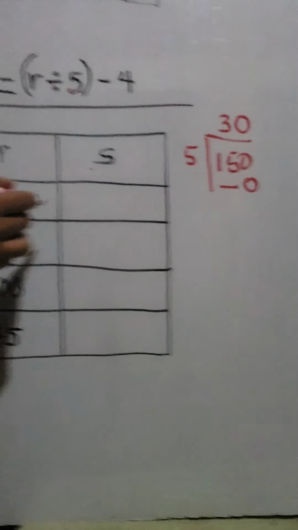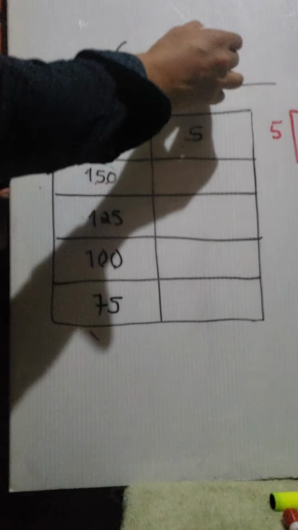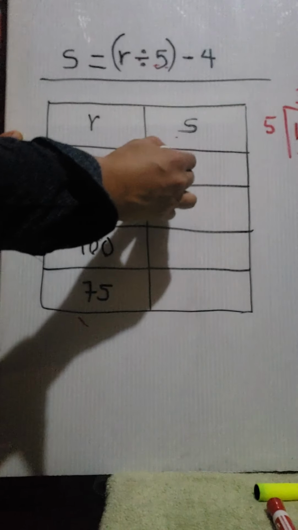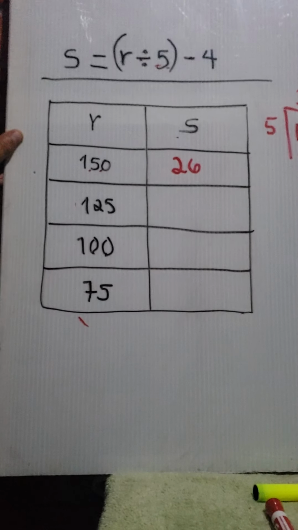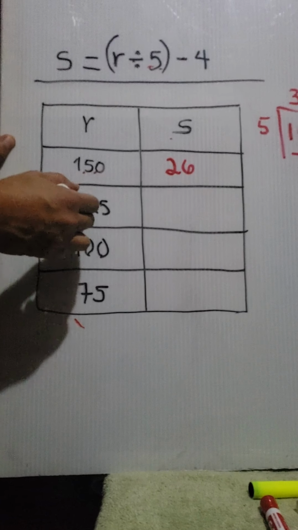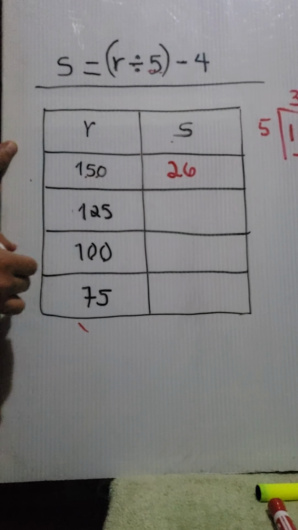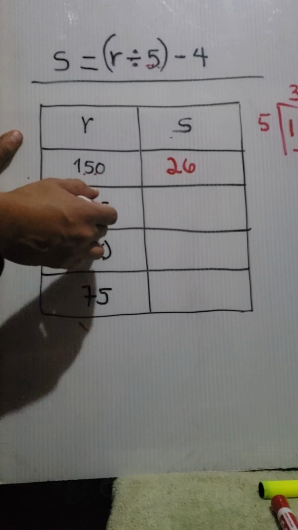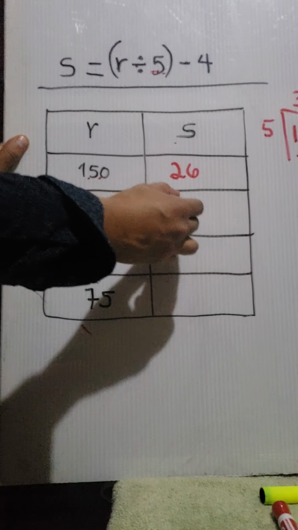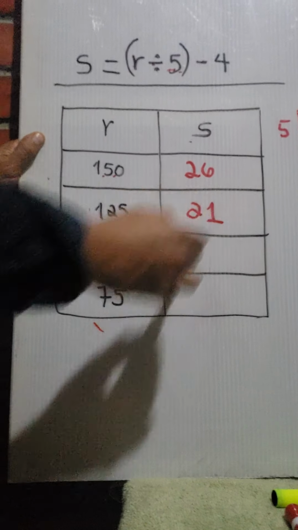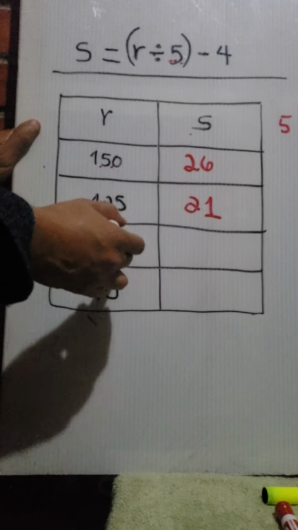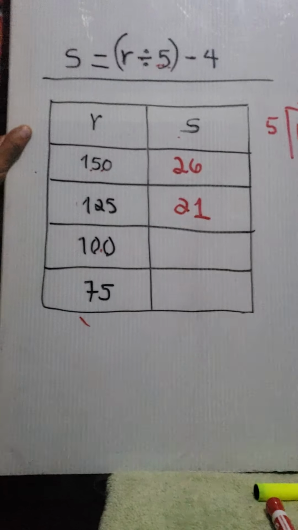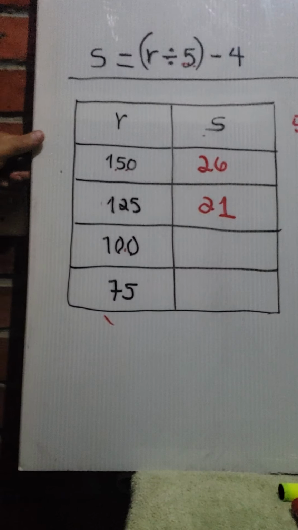That will be 30 minus 4, 26. 125 divided by 5 is 25. Okay, and 25 minus 4 is 21. 100 divided by 5, that will be 20.